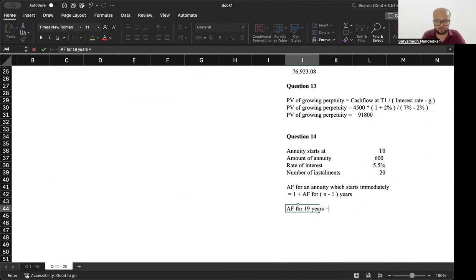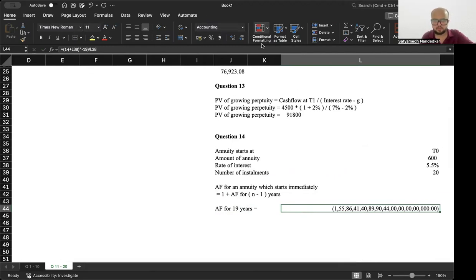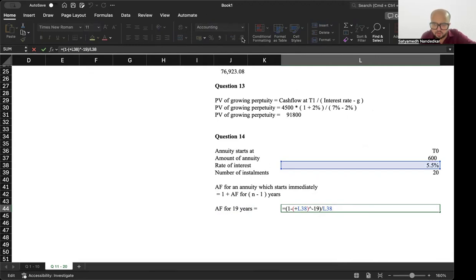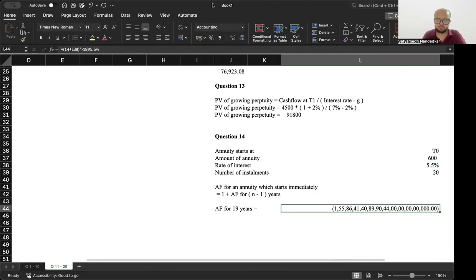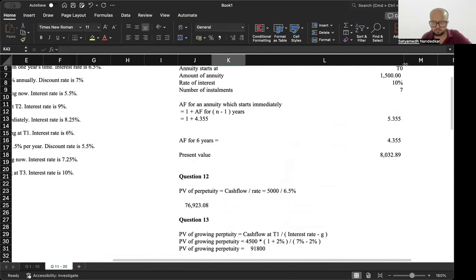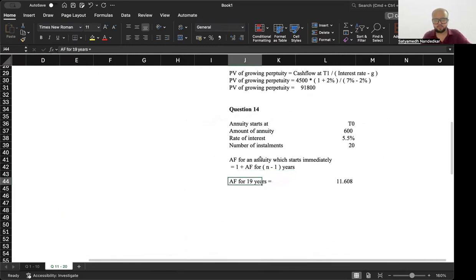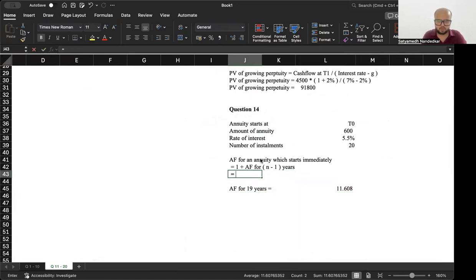Annuity factor for 19 years: 1 minus 1 plus r raised to minus n upon r. Then 1 plus that gives 12.608.